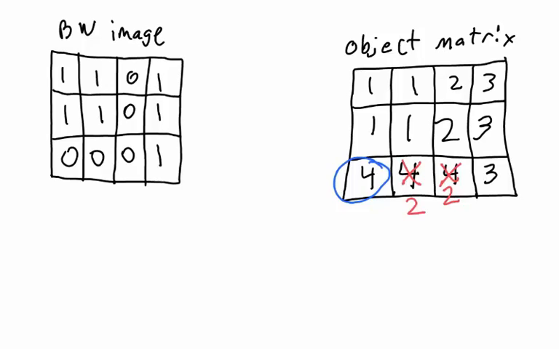In the next set of videos for the next class, we'll look at how we can use information in the object matrix to determine some things about what these objects actually are. What is the identity of the objects? For now, we're going to stop at the point where we've obtained the object matrix, identifying the locations of the objects in the image.